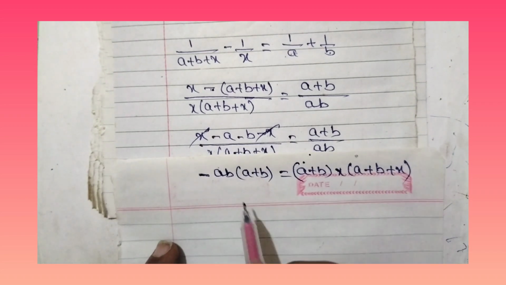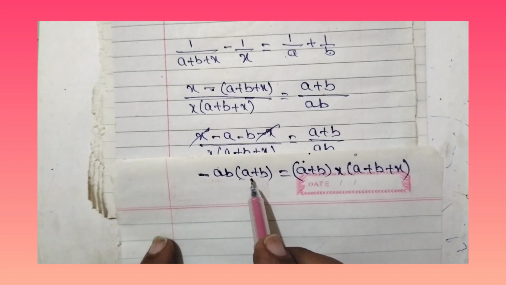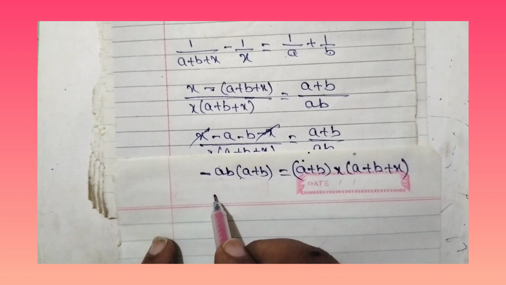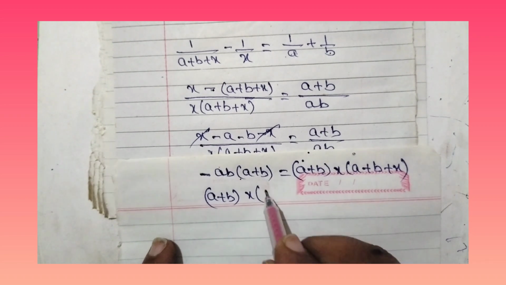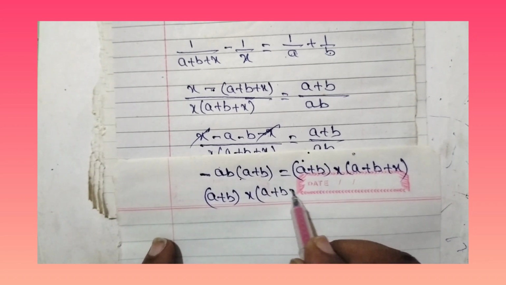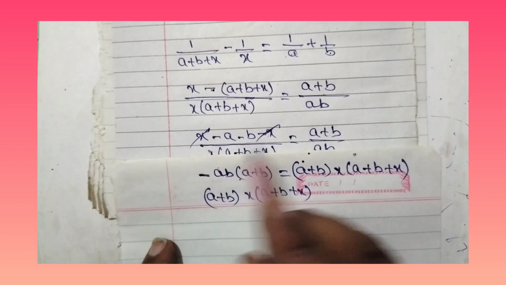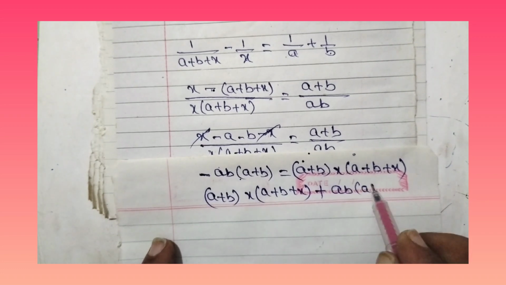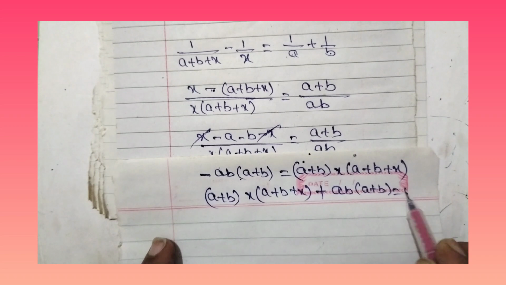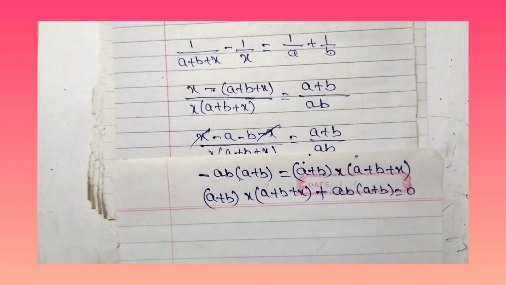Shifting minus ab into (a plus b) to this side, it becomes plus ab into (a plus b), which is equal to 0.